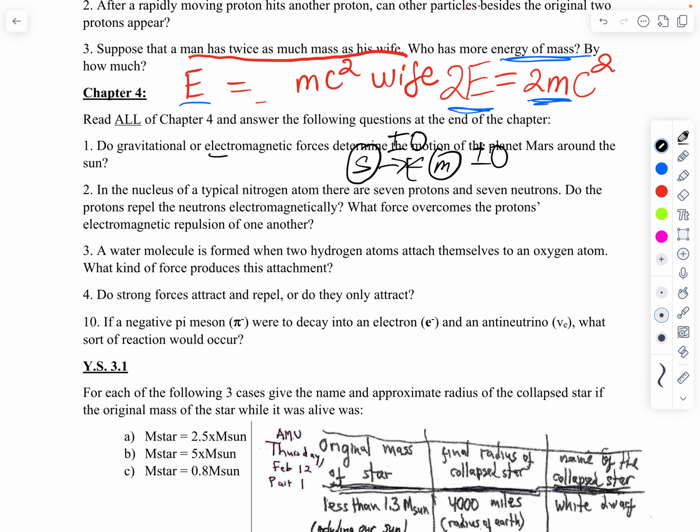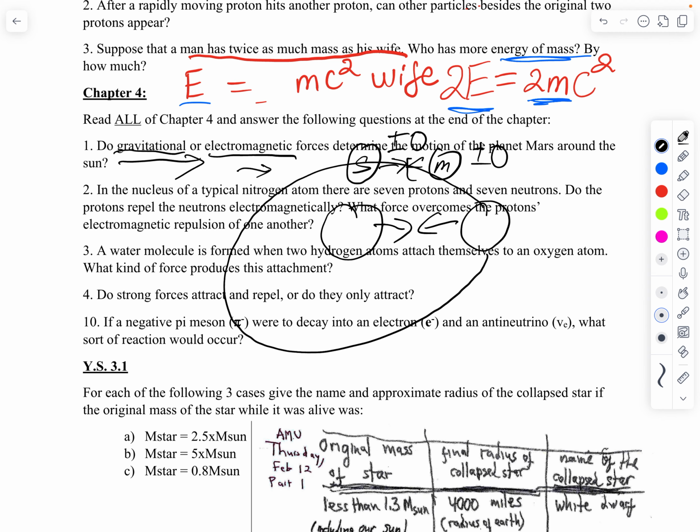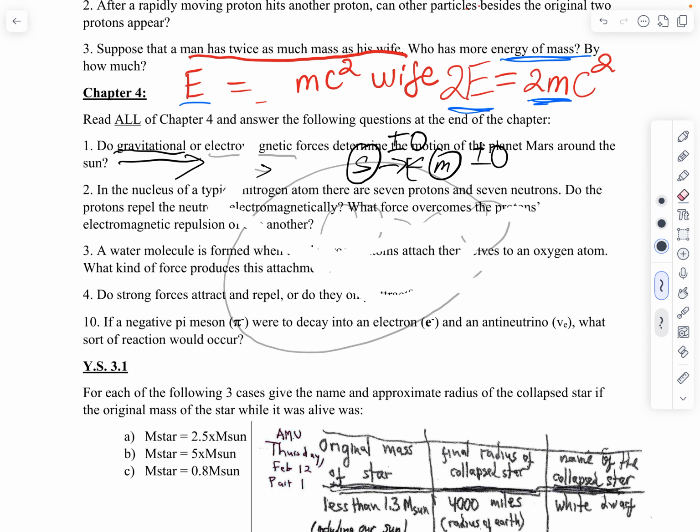So this force can be omitted, and generally the electromagnetic force's range is smaller than the gravitational force, which can span relatively large distances depending on how strong the force is. And between two big planets, the gravitational force is really big. That's why it keeps each other in place since it orbits. So the answer is gravitational.